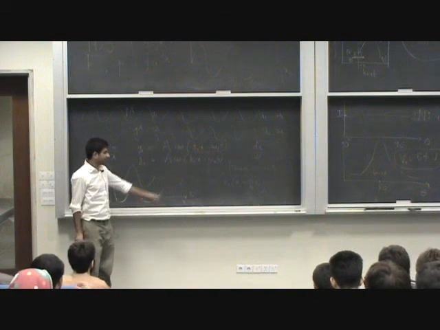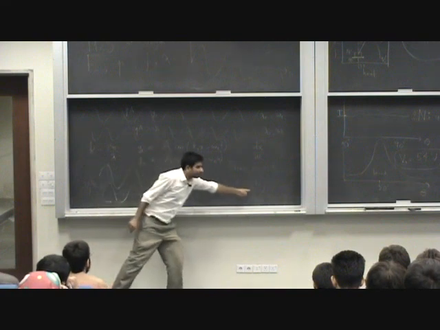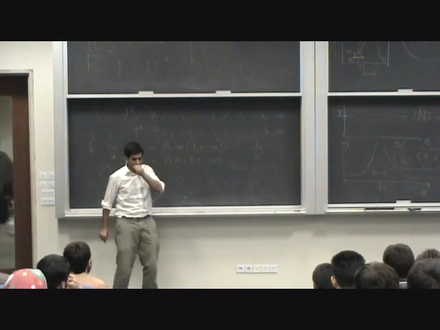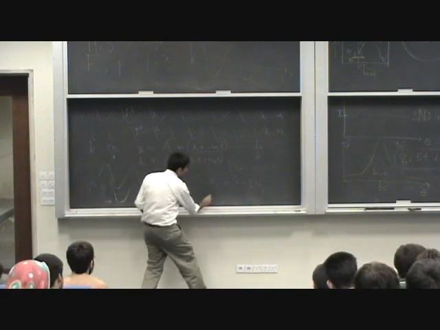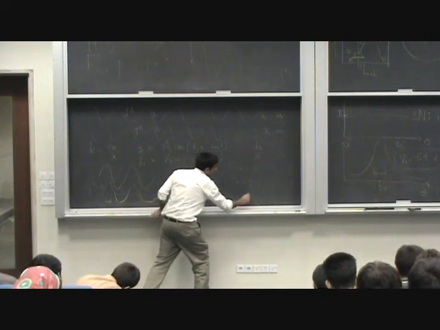So now what? Can you identify what is the phase velocity? Omega 1 divided by k1. This is the phase velocity.